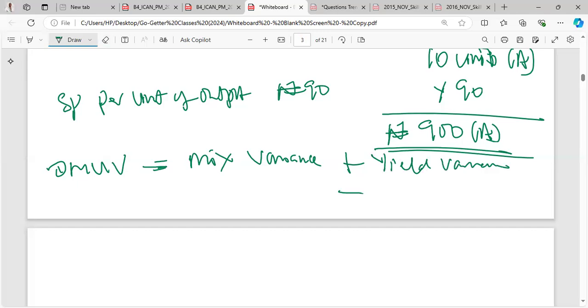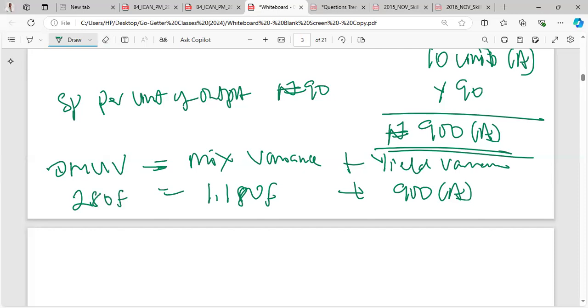So our yield variance is 900 adverse, and the mix variance happened to be 180 favorable. So it will give us 280 favorable as we got before. So that's what this is helping us to know.